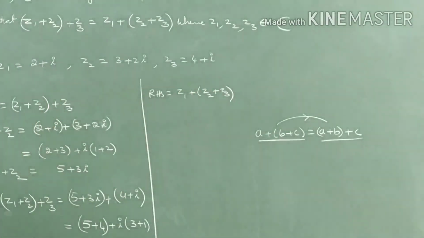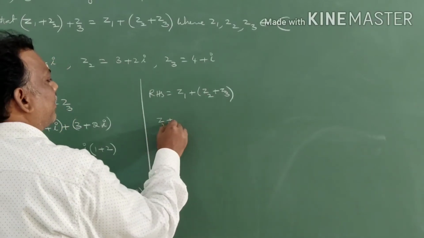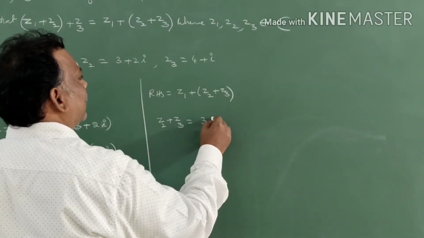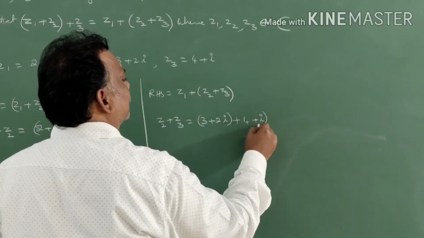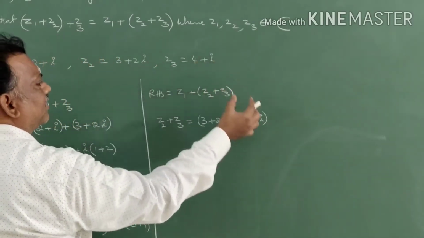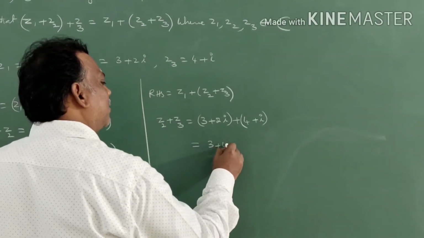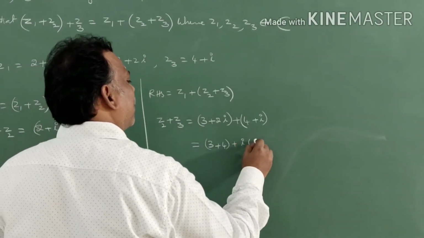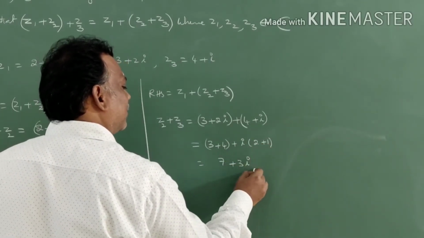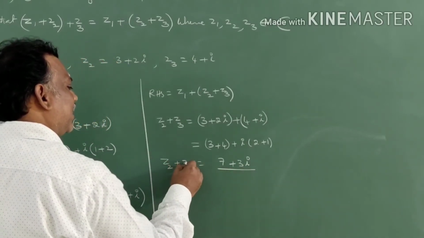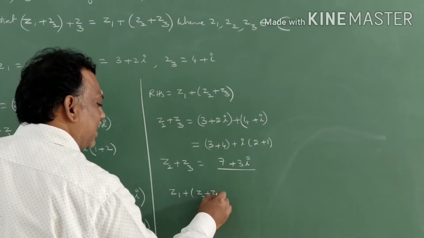Now we have to simplify the bracket value. What is the bracket value here? Z2 plus Z3. Simplify Z2 plus Z3: 3 plus 2i plus 4 plus i. So this is Z2 and this is Z3. Addition of two complex numbers is equal to the sum of real parts plus i times the sum of imaginary parts. So 7 plus 3i. This is Z2 plus Z3, but actually we need Z1 plus of Z2 plus Z3.